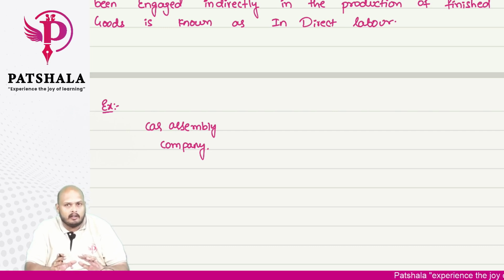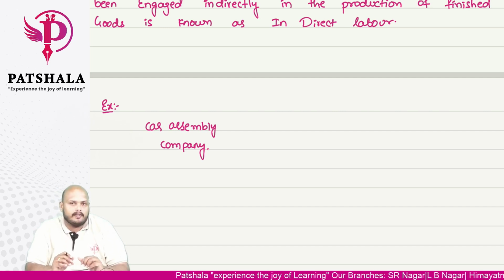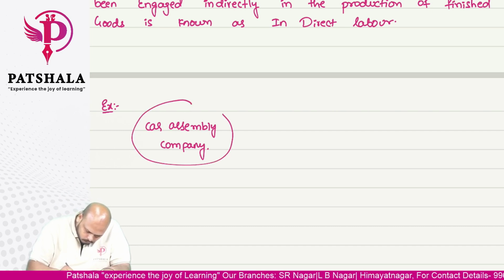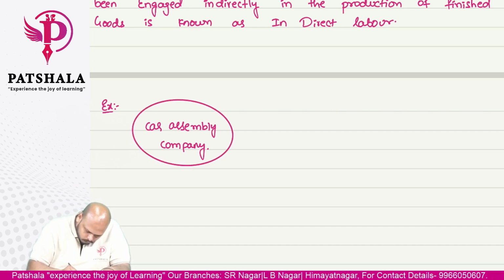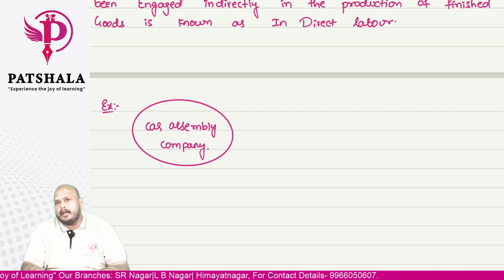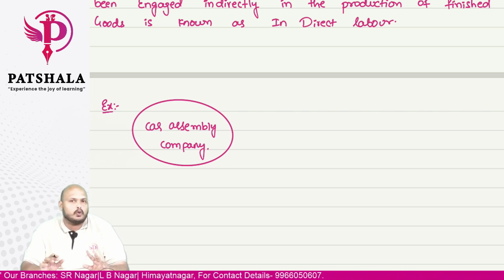Only the engine will belong to the company, and many of the other spare parts will be procured from different places and different organizations, and they will assemble a finished good, that is called a car. Okay? So in the car assembly company, there will be many types of labor, but we can see two types of labor here.